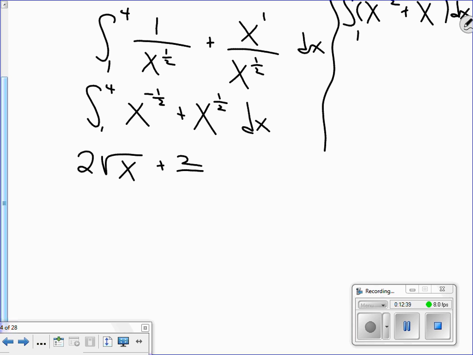It's 2/3 x to the 3/2, right? So that's the antiderivative. We want to evaluate it from 1 to 4.